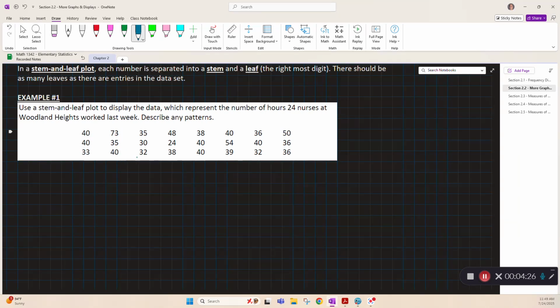So I see a 30, I see a 30, I see a 24. I think right here is going to be our min. Now we need to look for the max. 40, 73. Okay, I think that's going to be our max.